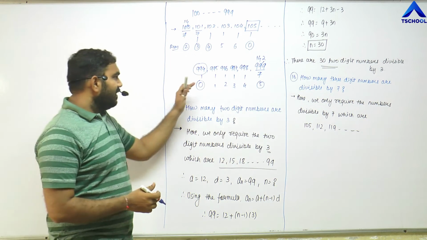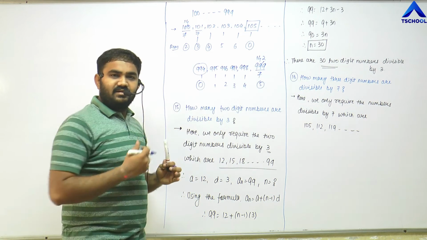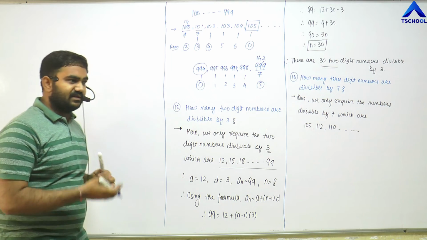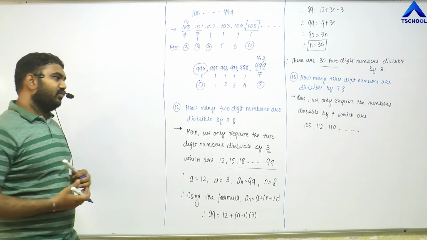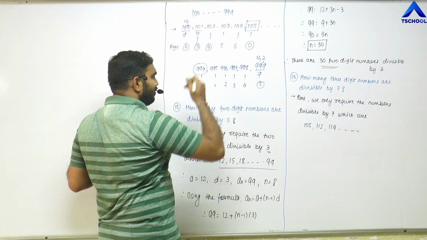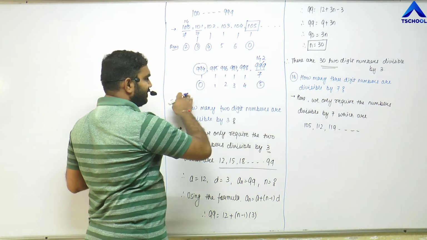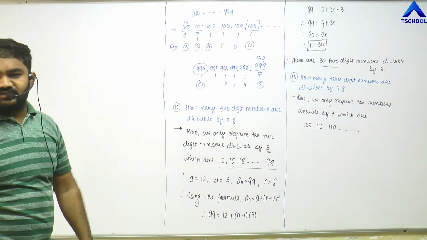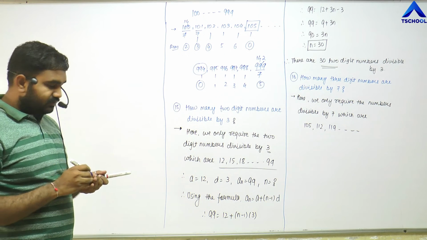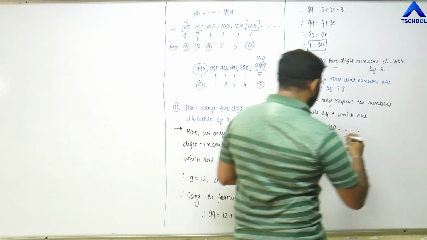Similarly, in the second case the numbers are decreasing, that is 999, 998, 997 up to 994. So when we divide all these numbers by 7, we get 5, 4, 3, 2, 1, 0 as the respective remainders.